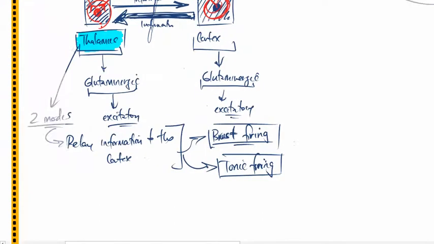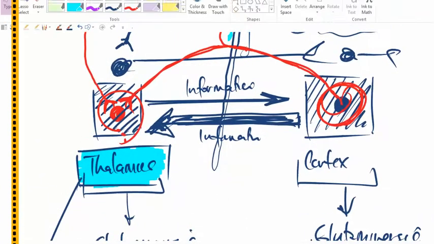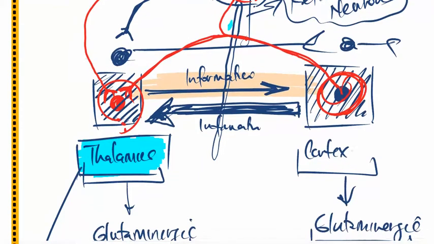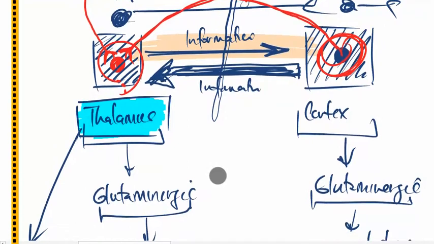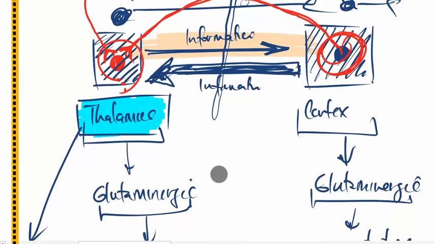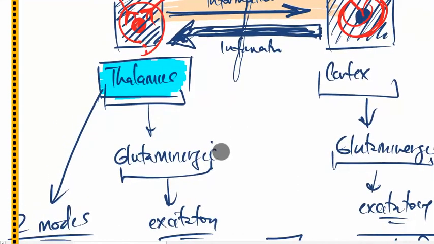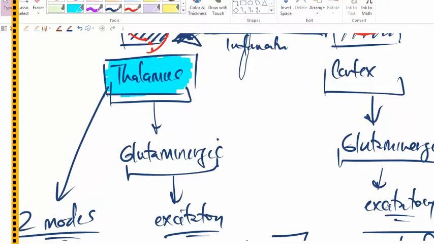Notice that all we're talking about is how this information is being relayed from the thalamus to the cortex. We're not talking about the information coming from the cortex back to the thalamus. The neurons in the thalamus are glutaminergic, which means they are excitatory.